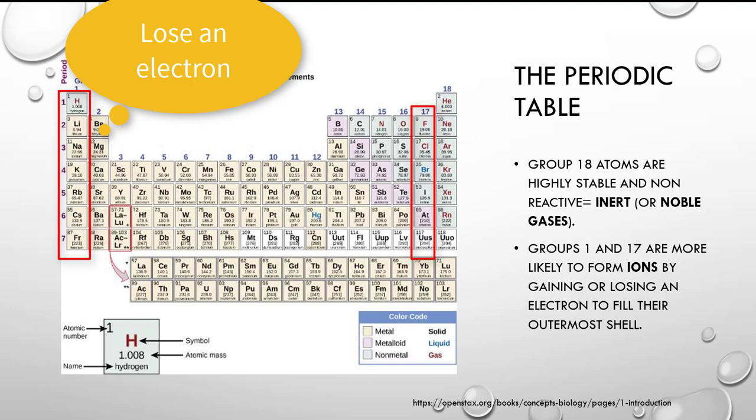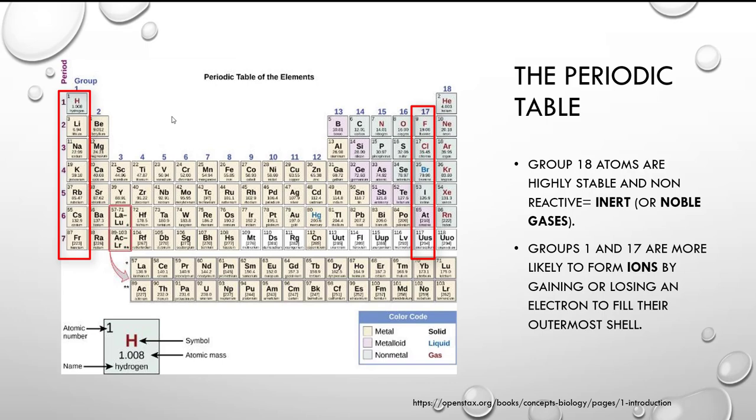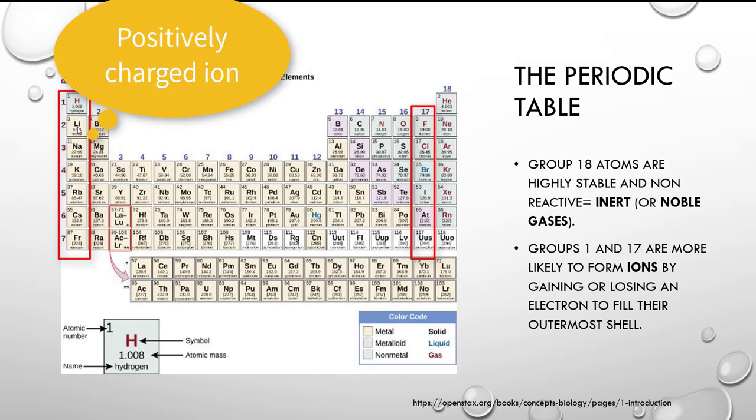So it wants to lose that electron, and by doing so, drop down to the innermost shell as its valence shell. If it lost an electron, it would have 3 protons but only 2 electrons. So it would have an extra proton, which is positively charged. In that case, it would be a positive ion.